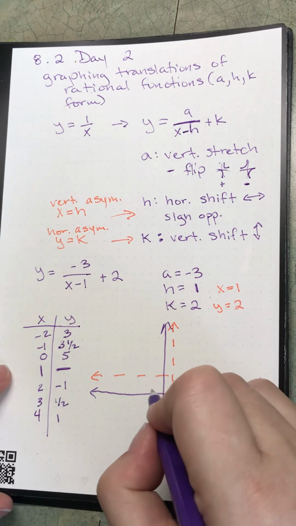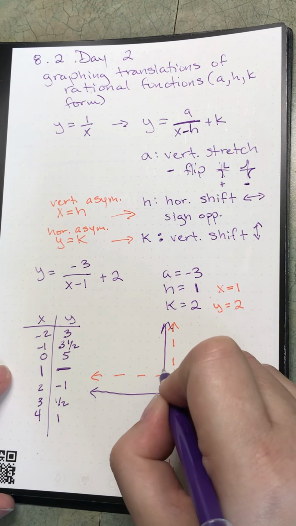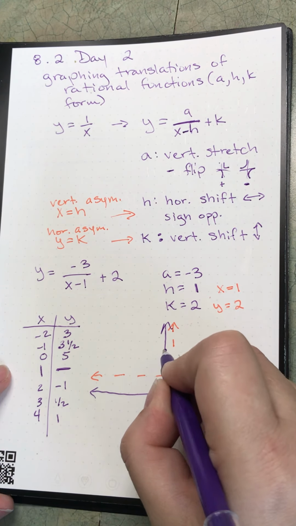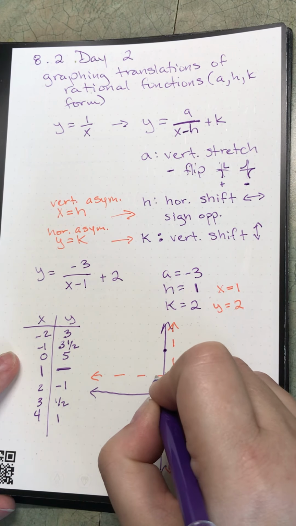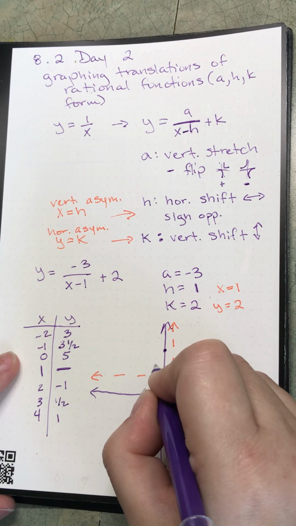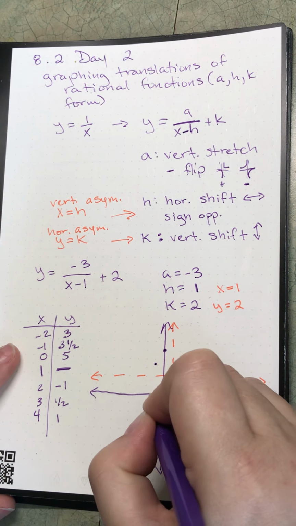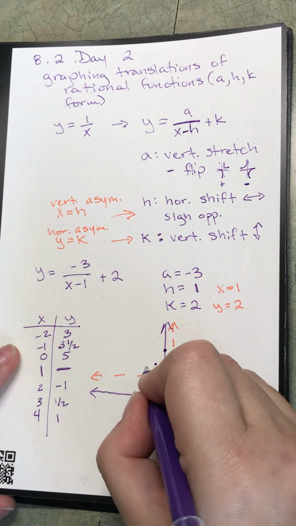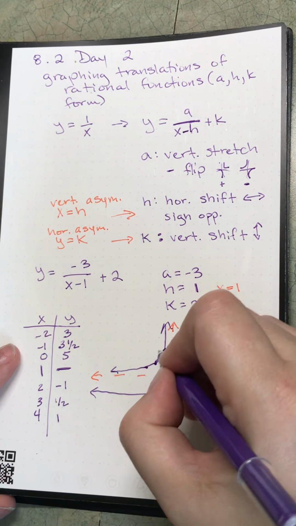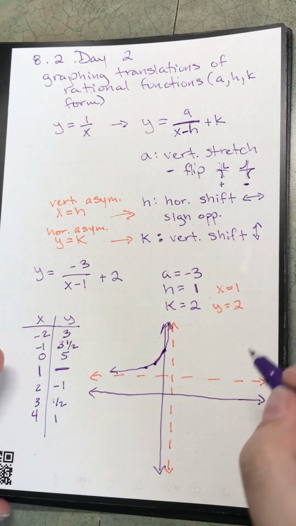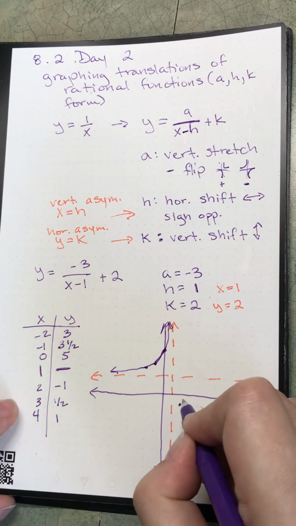So at 0, I'm at 5. At negative 1, I'm at 3.5. At negative 2, I'm at 3. So this is going to kind of be this shape. And then over here at 2, I'm at negative 1.